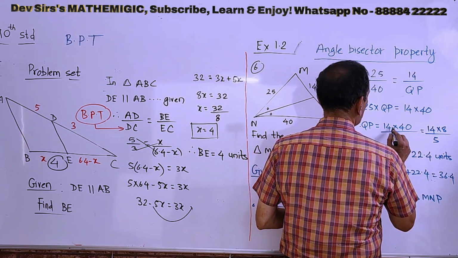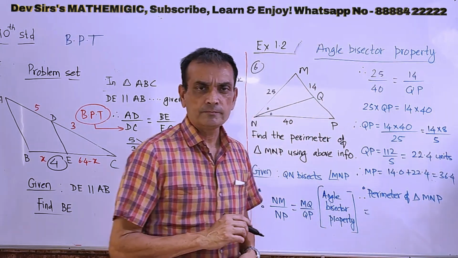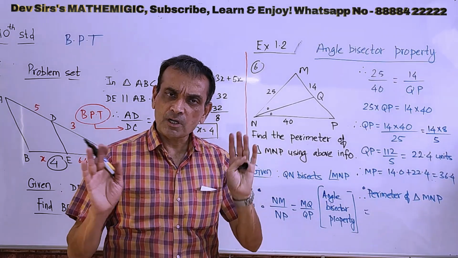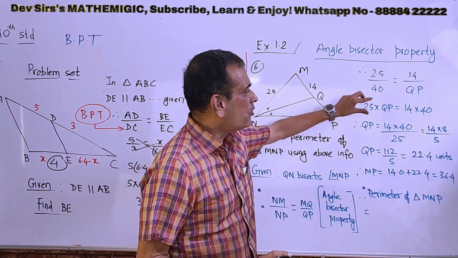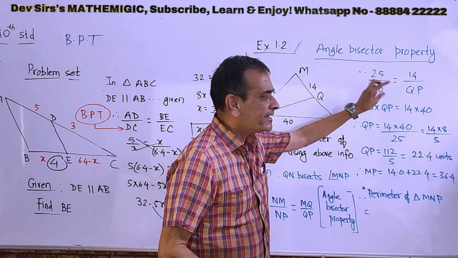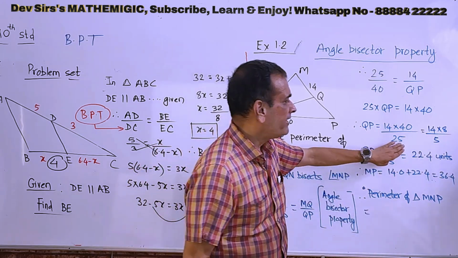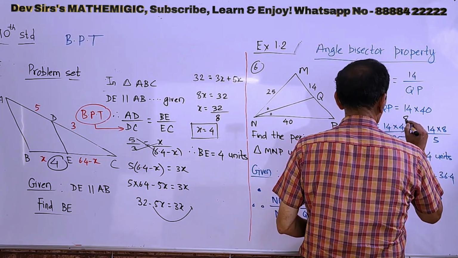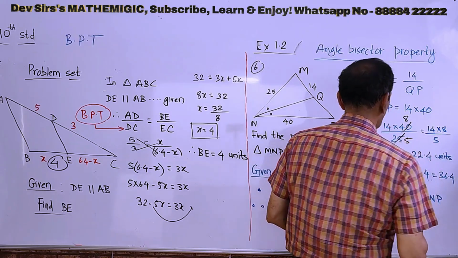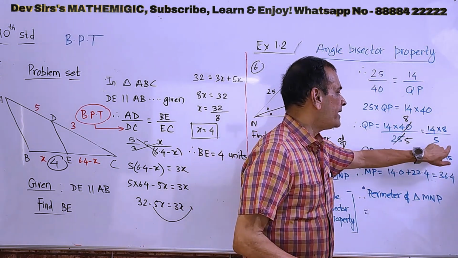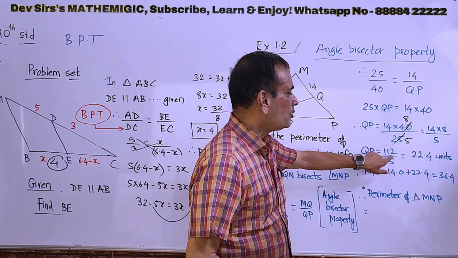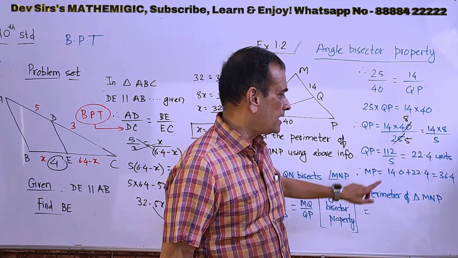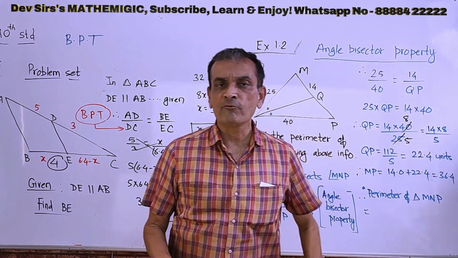QP is equal to 14 into 40 upon 25. 25 नीचे दिया, क्रॉस मल्टीप्लाई तो करना ही है, बाद में जो चाहिए वो ऊपर रखो, बाकी सब एक साइड पे लेके आओ. 25 डिनोमिनेटर में गया, 5 8 जा 40, 5 5 जा 25. 14 into 8 upon 5. 14 into 8, 112 upon 5. 112 upon 5 is 22.4 units.